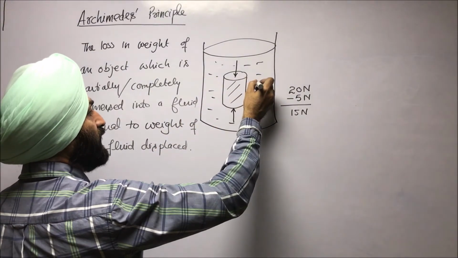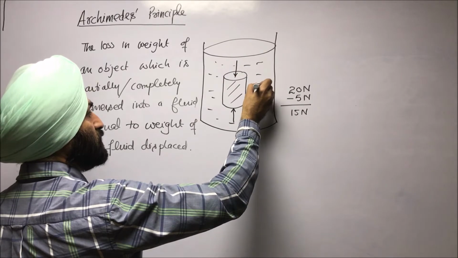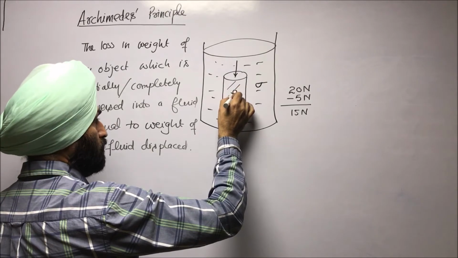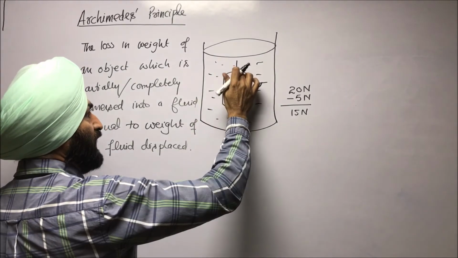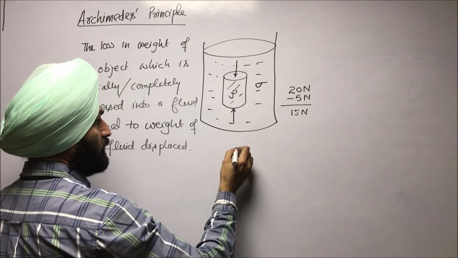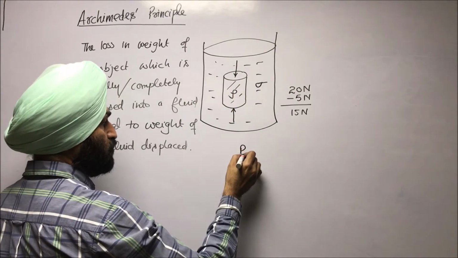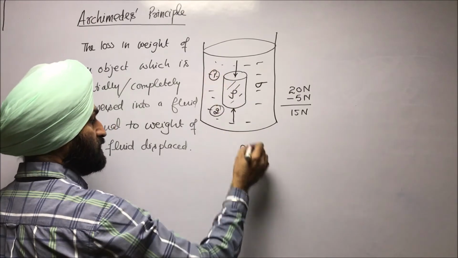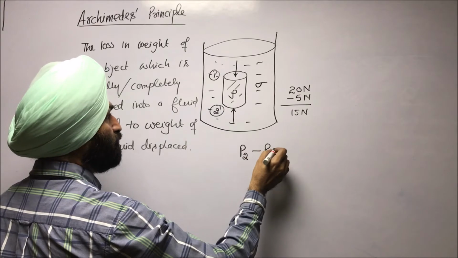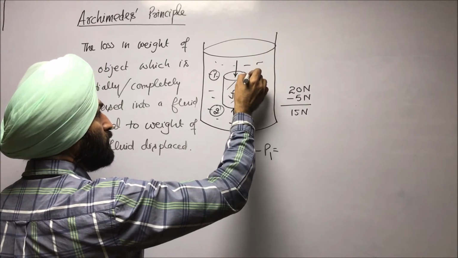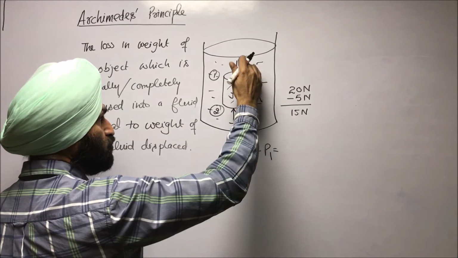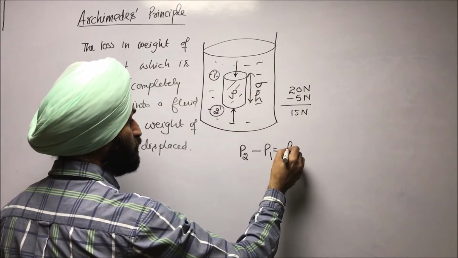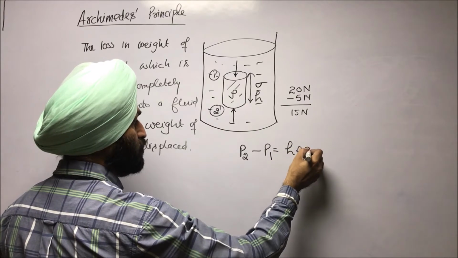Let us say the density of the fluid is sigma, and the density of the object is rho. So pressure increases with depth, that is, at point 2 the pressure is P2, at point 1 the pressure is P1. As you move deeper into a fluid by a distance h, the difference of pressure equals h rho g.